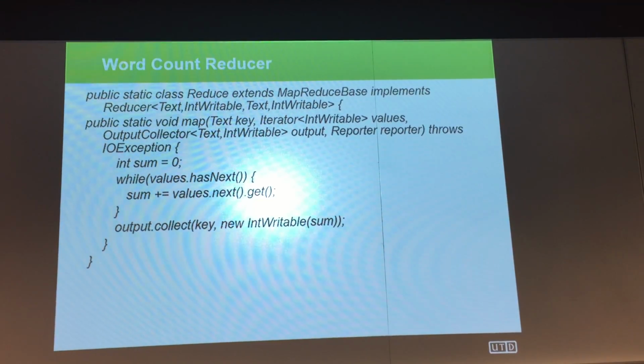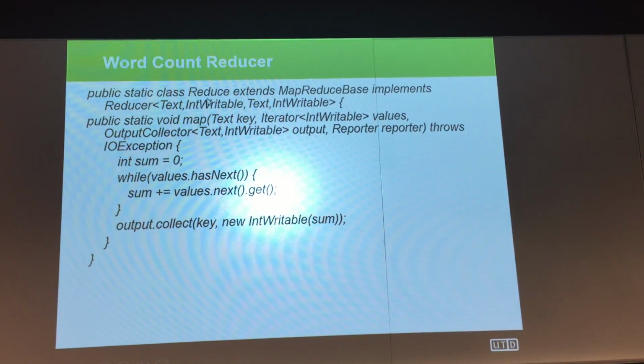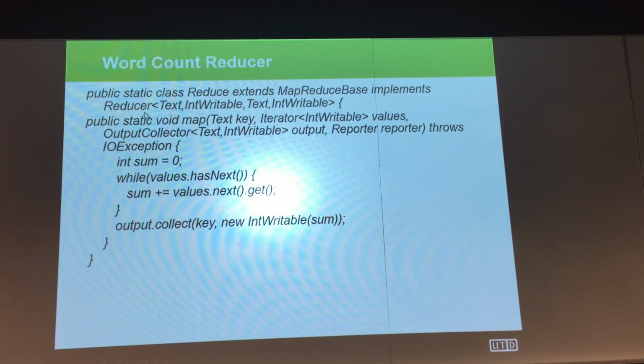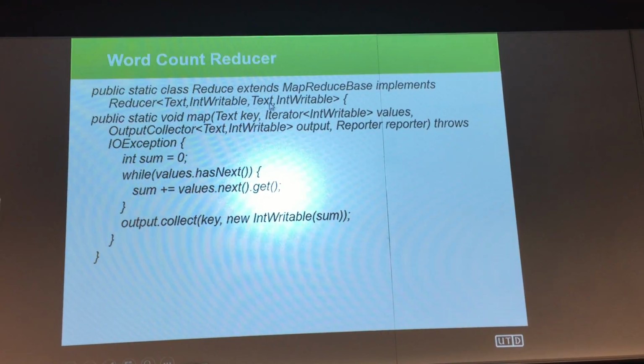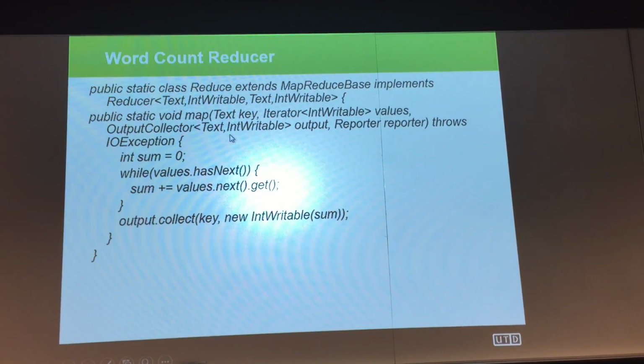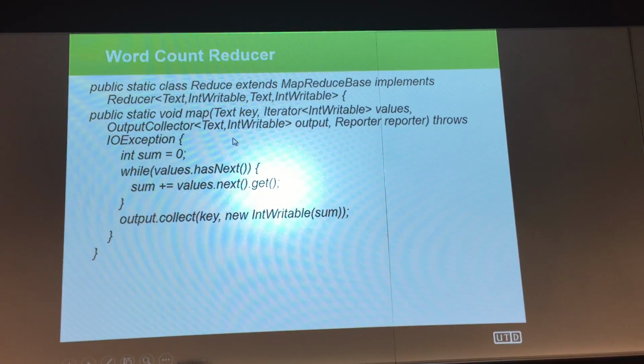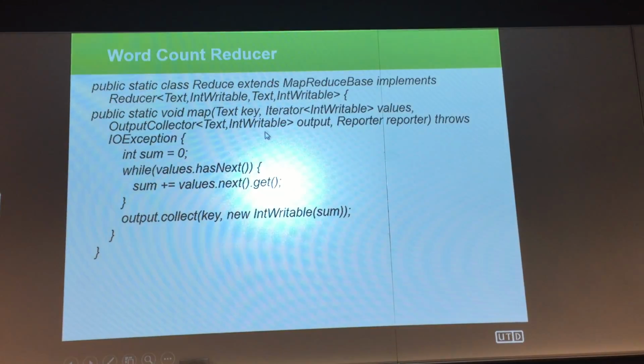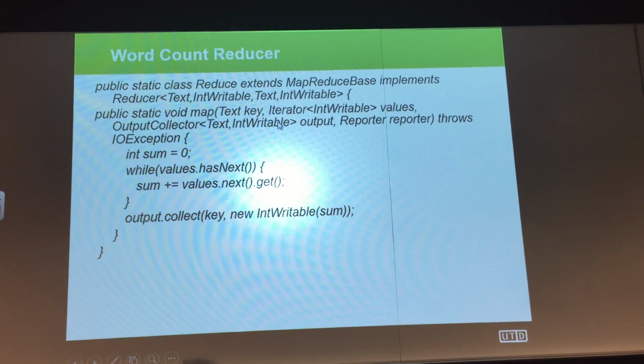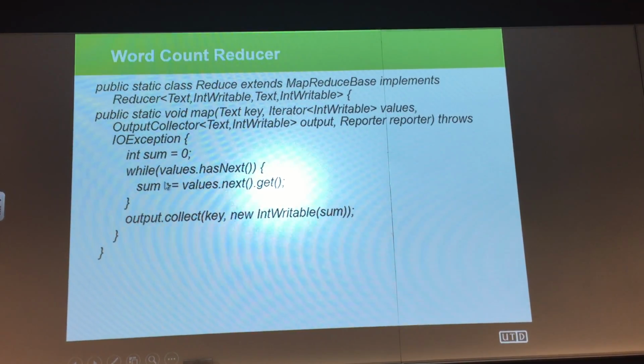It uses a string tokenizer. The reduce is the same thing. It implements reducer, and then it takes the text and the list of integers and just adds them together.